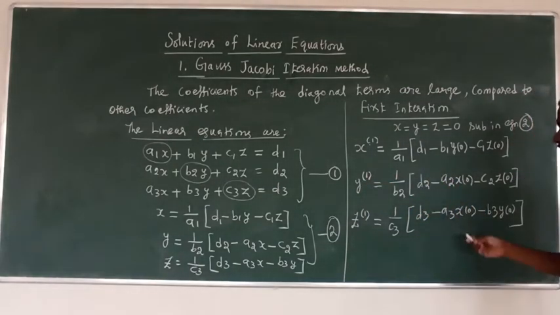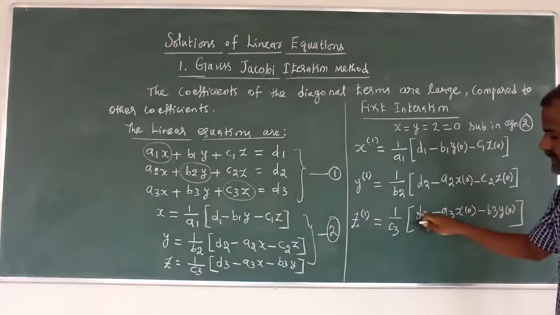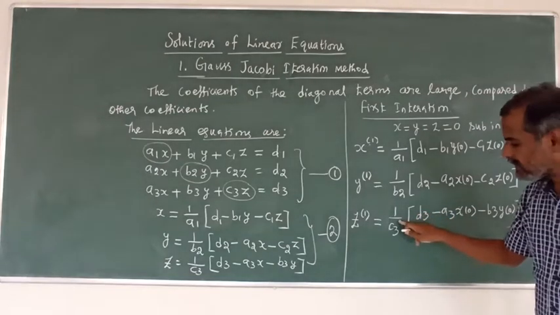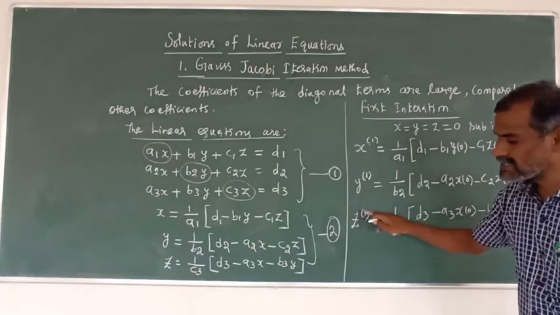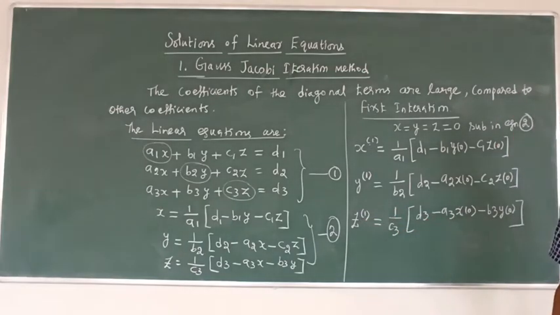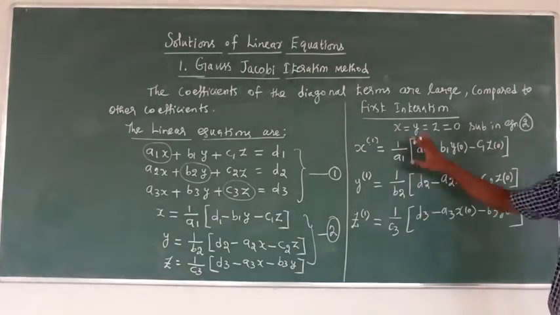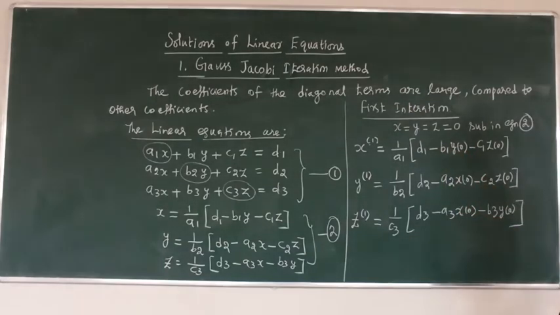Next, the x value and y value are 0, so d3 divided by c3 gives the first iteration result of z. Okay. This is the formula for the first iteration result.